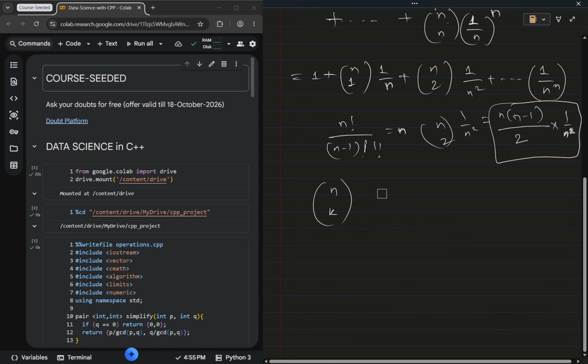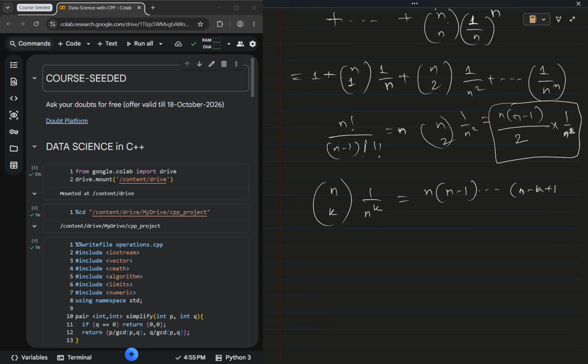Then you write this as the general term. So we'll get n(n minus 1) up to (n minus k plus 1), divided by k, I think. Sorry, what was over here? Yes, it was k factorial, not k.